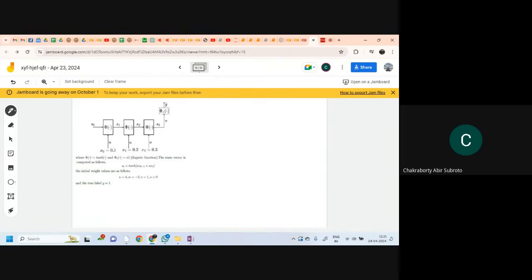Full label y equals 1. S0 is given as 0. So s is w, which is minus 2 into 0, plus 4 into x_t, which is 0.1.